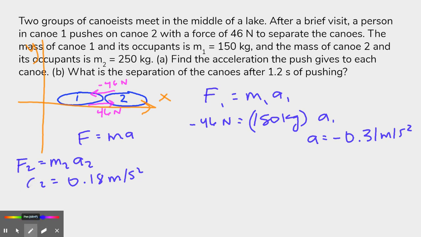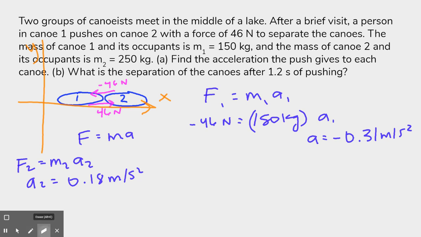We have found the accelerations for each canoe. Now, what is the separation of those canoes after 1.2 seconds of pushing? Separation means we're looking for some X value. Since they started together, the initial X is just 0.